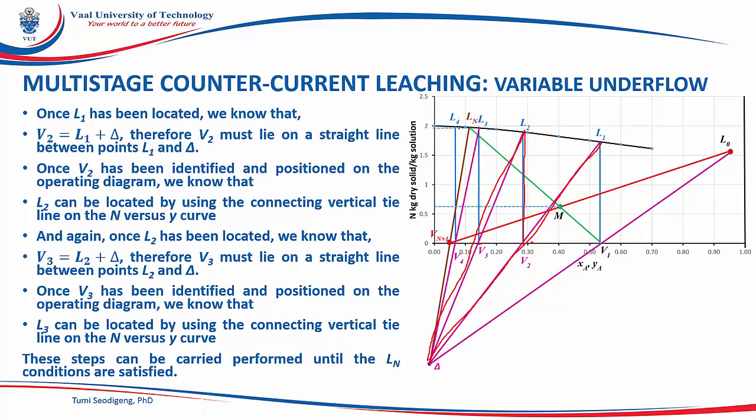As you can see here, we need about 4 stages to achieve the required conditions. So this is basically how you will do stage-wise calculation for a variable underflow multi-stage countercurrent leaching. We will further illustrate this with an example just to show you how it works step by step again.